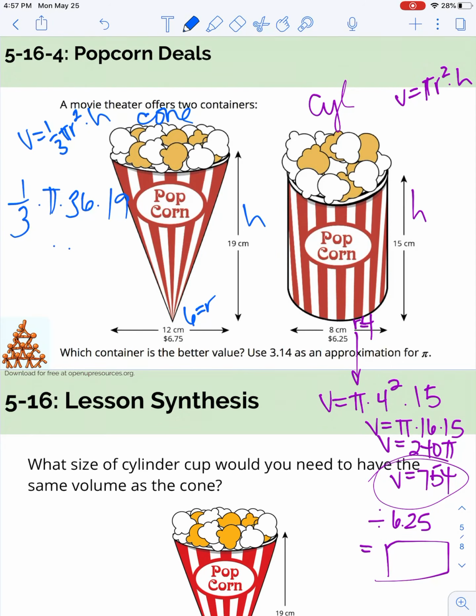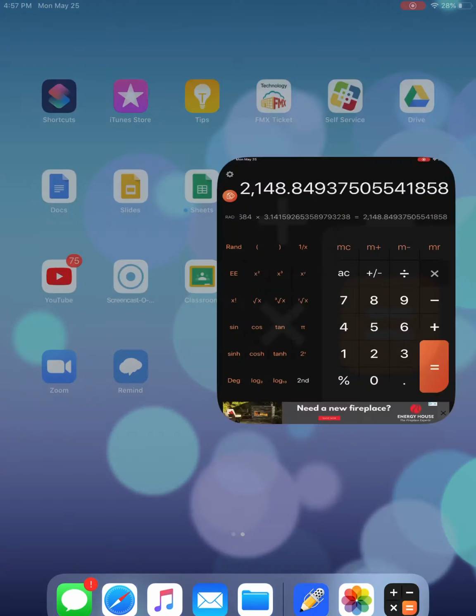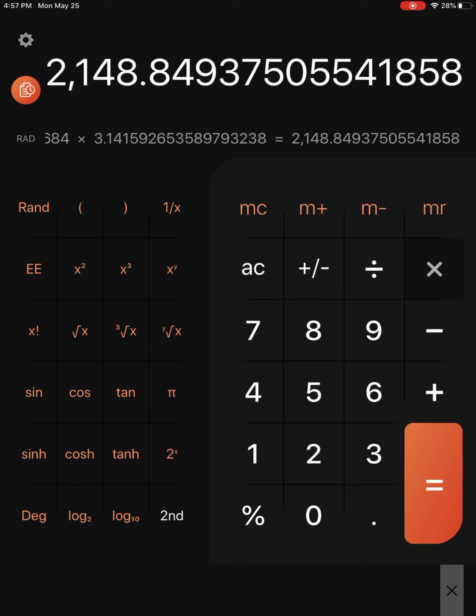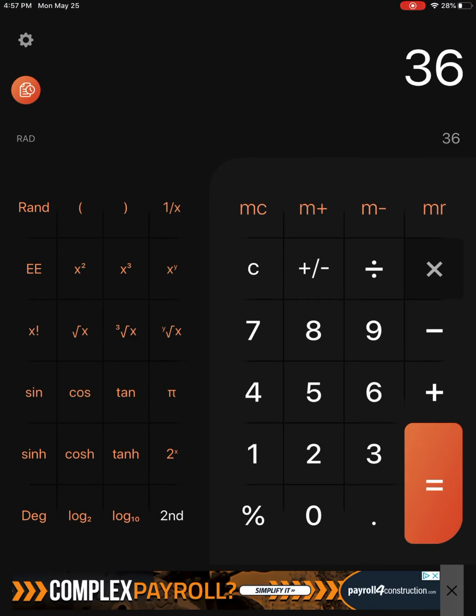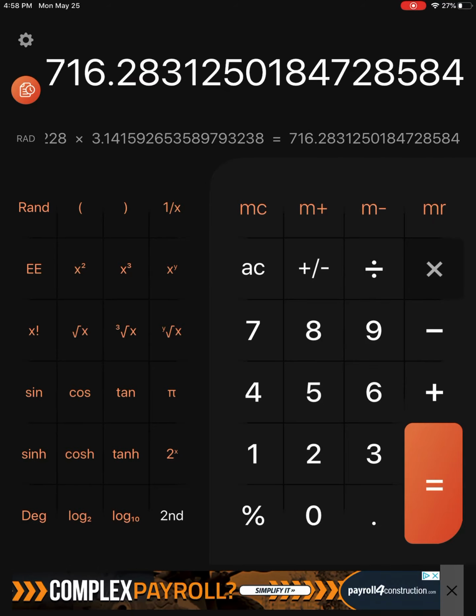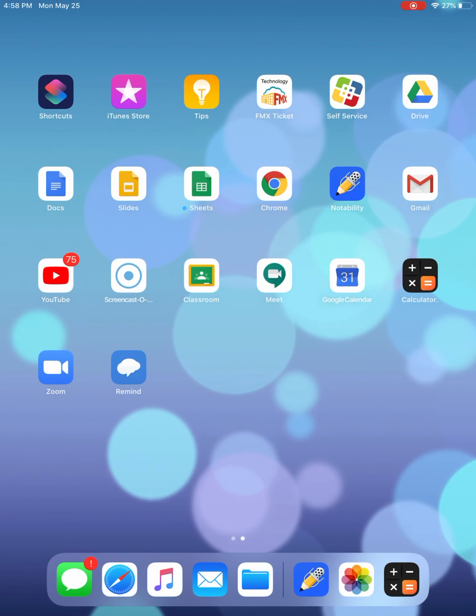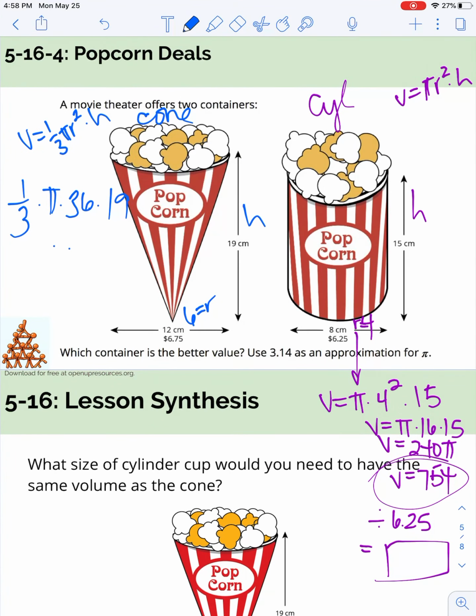So 36 times 19 divided by 3, because it's the 1/3, right? Then multiply that by pi. And then you get 716. That's way better. Okay, so this whole thing is equal to 716.